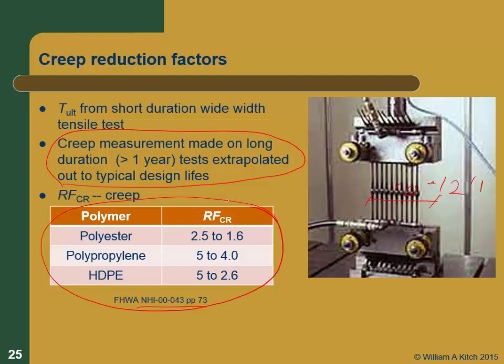This is why polyesters are popular, because they're much stiffer and they have much less creep. But also remember, they're the ones that were most susceptible to chemical action. So that's the disadvantage of the polyesters. And that's why I showed you some of these woven grids where you can put different materials.